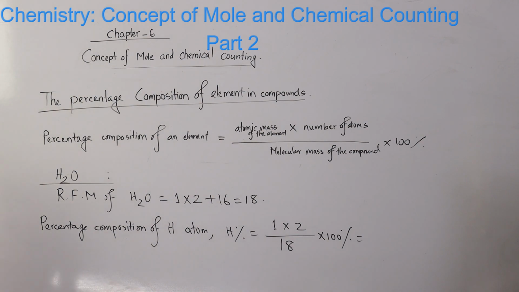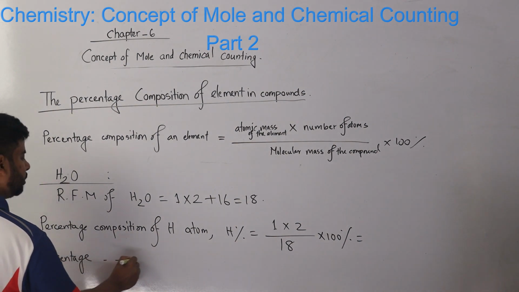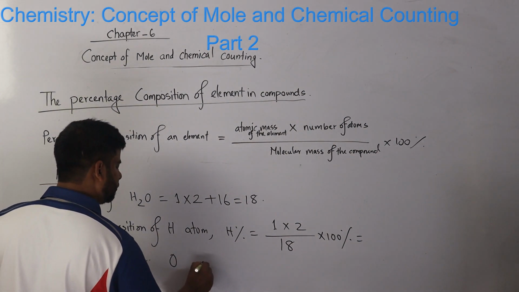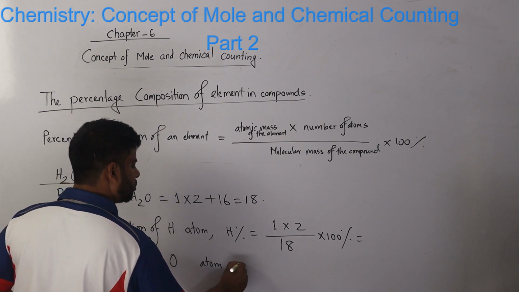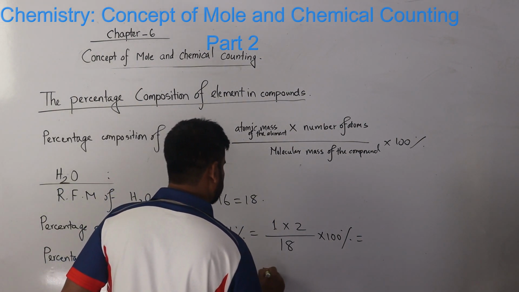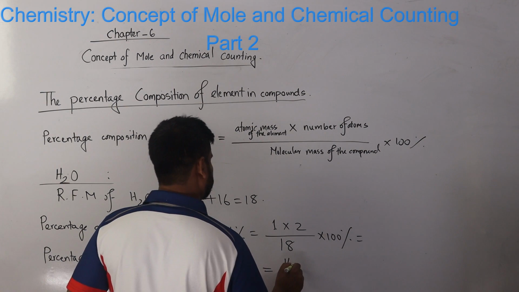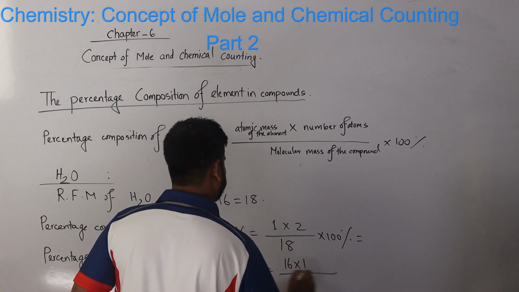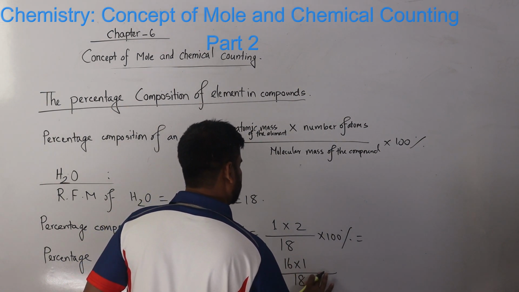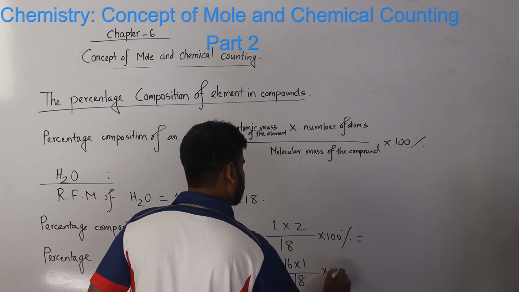This is the formula. And for the percentage composition of the oxygen atom, it is 16 multiplied by 1, divided by 18, multiplied by 100%.